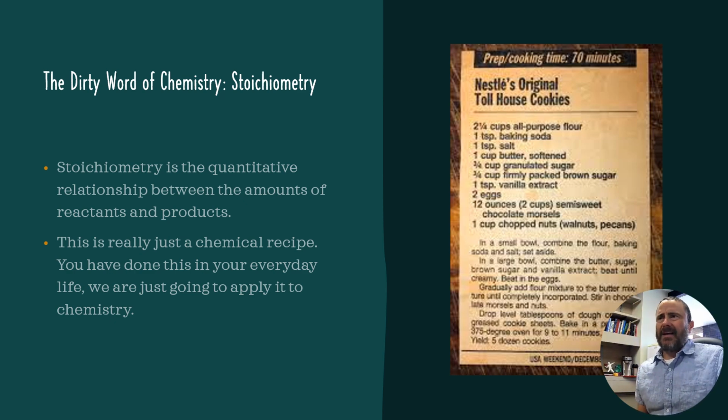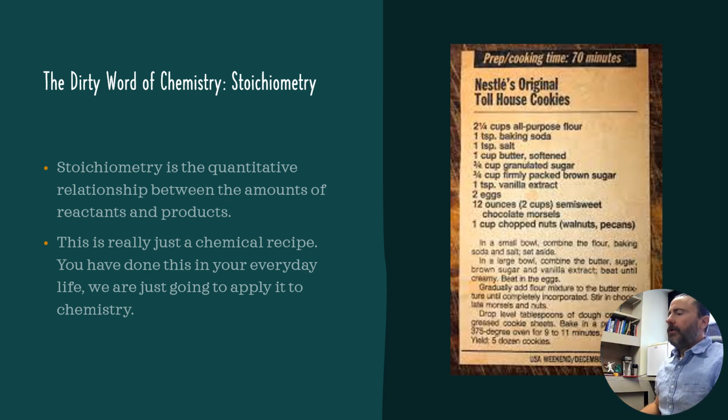It says stoichiometry is the quantitative relationship between amounts of reactants and products. Really, all we're doing is recipes. And I guarantee that you have probably done this on your own without even thinking about it.